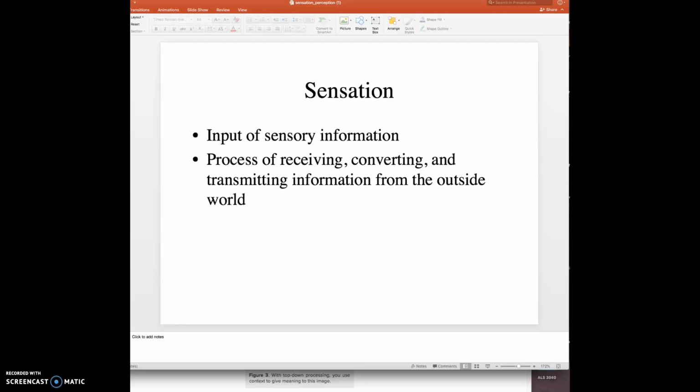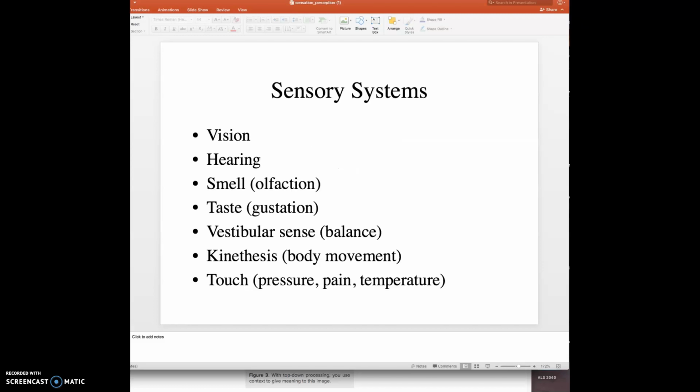Now, sensation is input of sensory information. So that's input that you get from your senses, and we're going to briefly touch about what those senses are. It's a process of receiving, converting, and transmitting information from the outside world. And we'll look at some really good examples as we briefly go through this particular presentation.